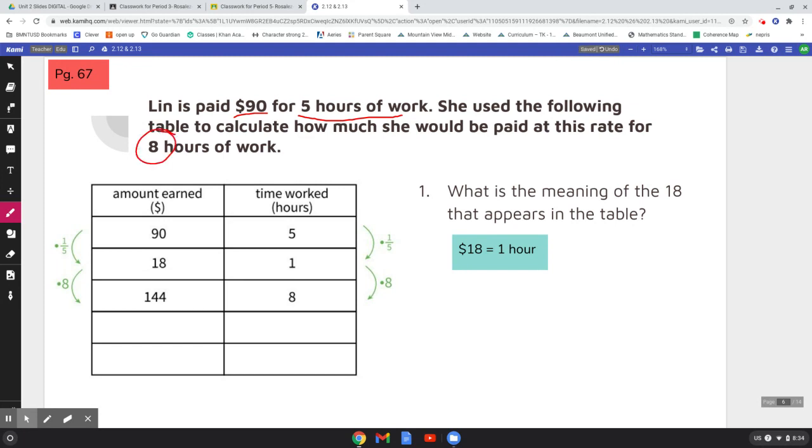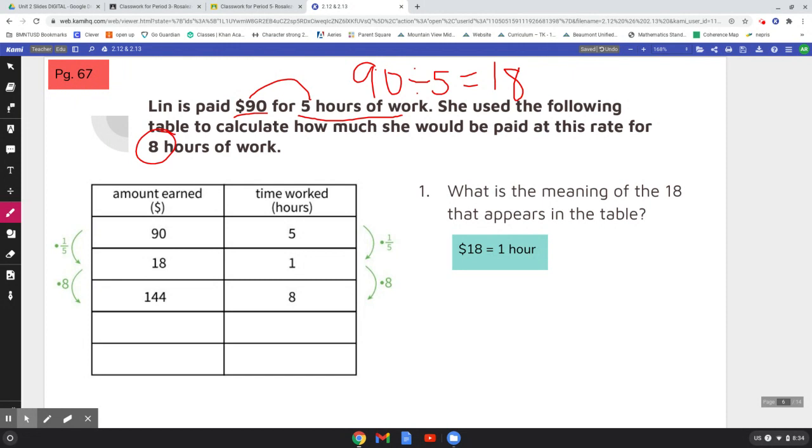So off the bat, I'm going to do 90 divided by 5, because that's how I always do it, because I want to know what happens for her in 1 hour. 90 divided by 5 is 18. That 18 is going to be important in everything that comes.